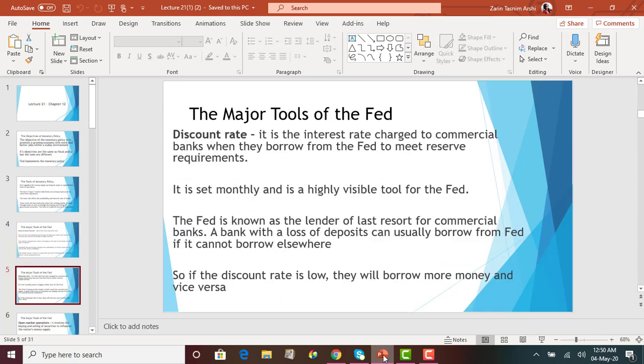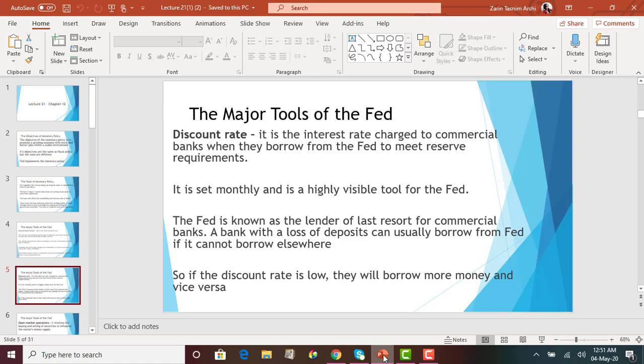Now the second tool the Fed uses to control the money supply, and this is one of the major tools, is called the discount rate. So what is the discount rate? This we did not talk about before. If commercial banks such as Bank of America or Wells Fargo are short of funds, if they do not have enough deposits from customers but they want to loan out more money and make a profit, then they can borrow money from the Fed. The Fed can give loans to commercial banks.